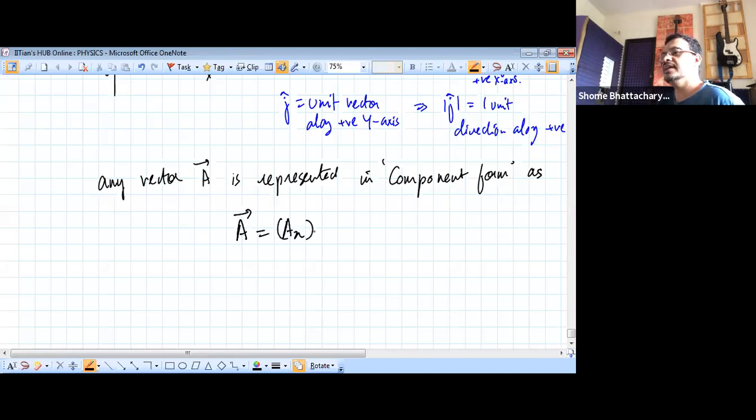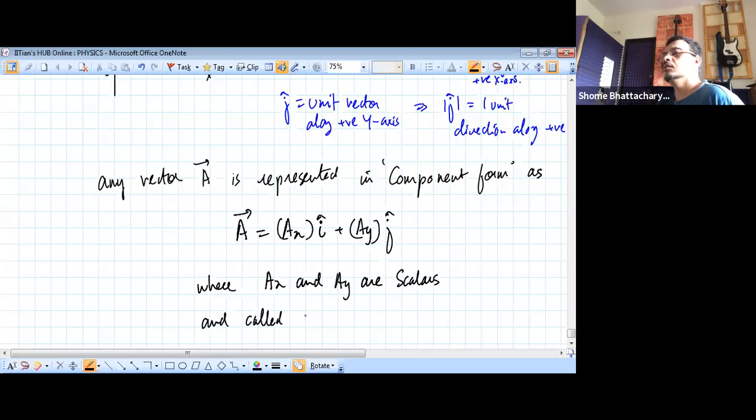Some quantity, let's say ax multiplied with i cap plus some quantity ay multiplied with j cap, where ax and ay are scalars called the x component and y component of the vector A respectively.